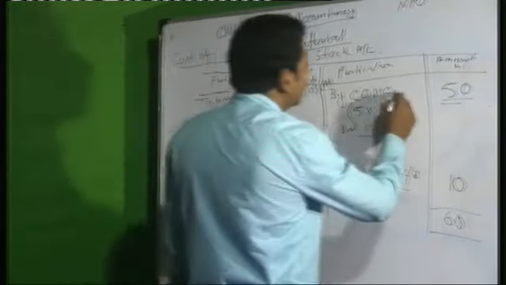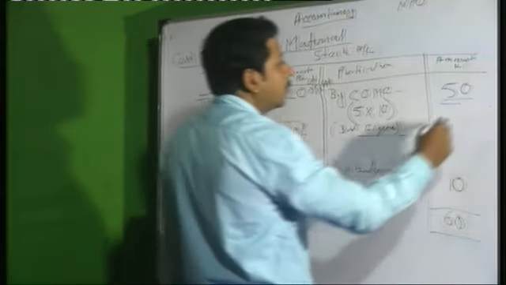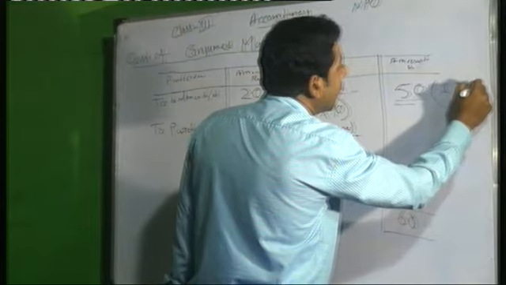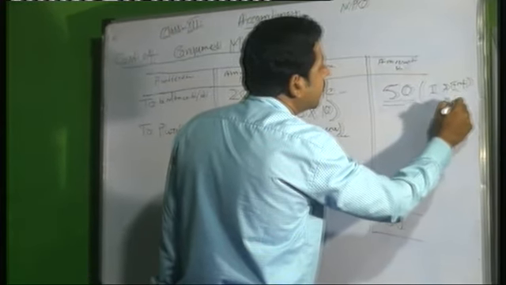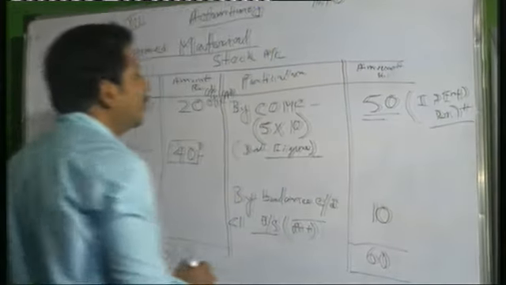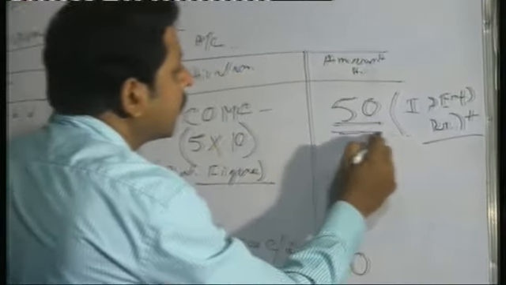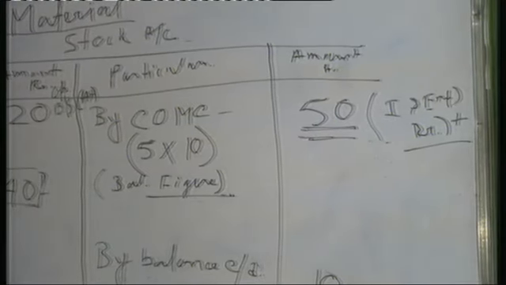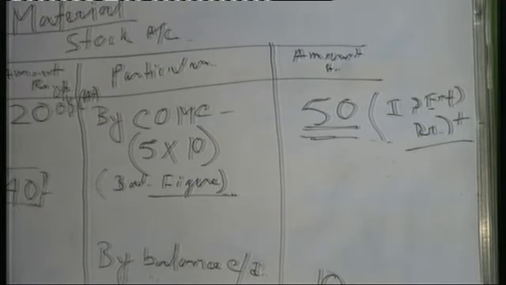Now, what is cost of material consumed? Where will it go? It will go in the income and expenditure, debit, meaning plus expenses. This is the expenditure we have made in this year.